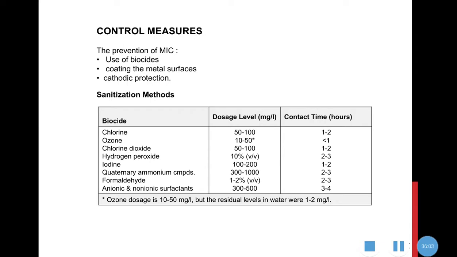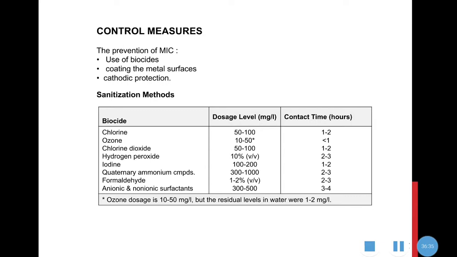Okay, so the first one is use biocide, or we call it as sanitization methods. Kita sanitize, okay, the product. Okay, kalau tengok kat situ kita guna chlorine, kita guna ozone, macam-macam. Nama dia iodine, okay, formaldehyde, okay, berapa banyak miligram per liter yang kita perlu guna, and berapa lama kita kena apply on the surface.